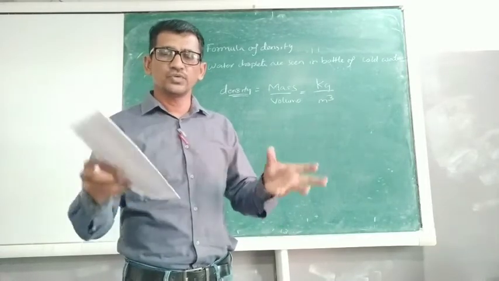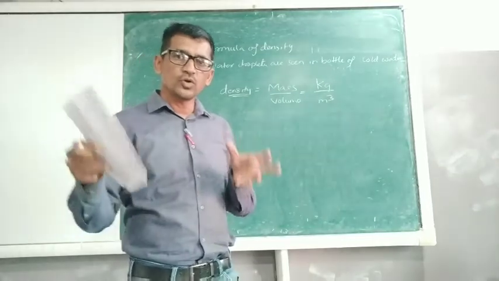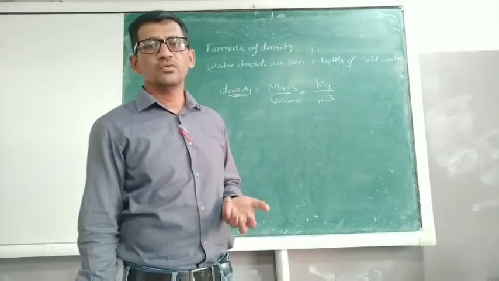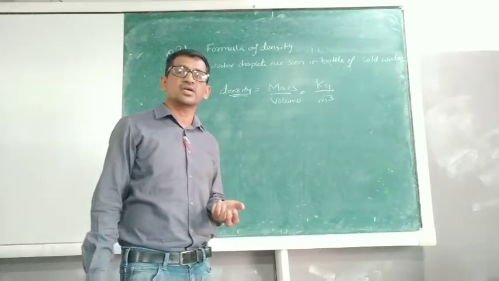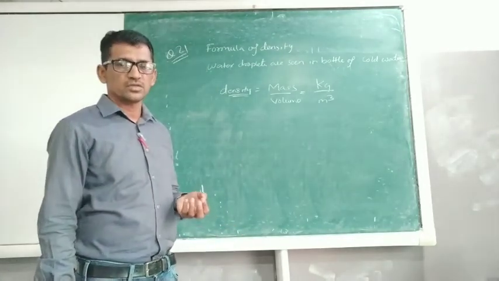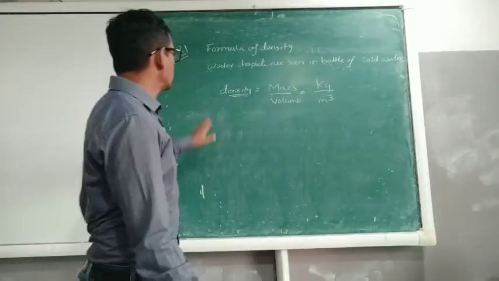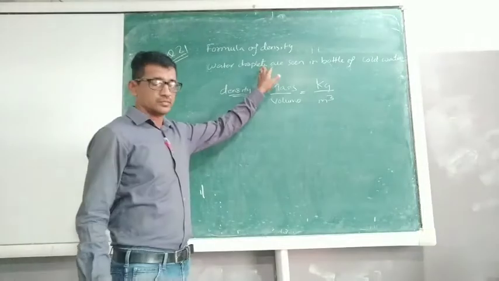So from the atmosphere, water vapor or humidity will condense, join together and convert into liquid state. It is nothing but the condensation process, condensation on the surface of the cold water bottle. That's why water droplets are seen.